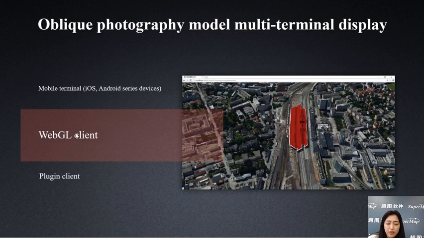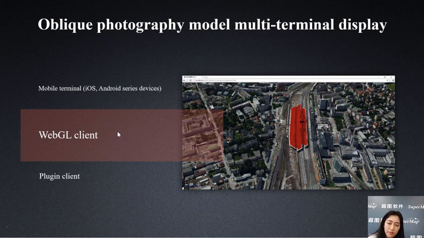And oblique photography model data is also good to use in WebGL. It's usually a lot of files, which is cumbersome to copy, share, and deploy, and it's difficult to encrypt data. And it supports storing data in MongoDB and can be deployed in the cloud to easily publish the service in the WebGL client.